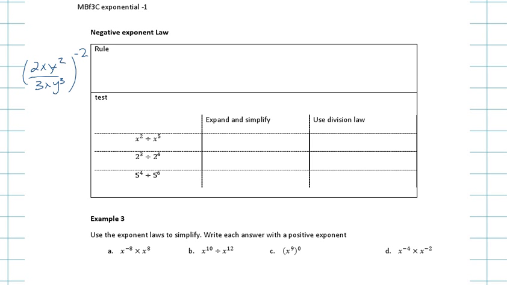Usually we want to make sure that our answer at the end has no negative exponent. You want to simplify first. If your answer has a negative, then flip. We're going to do some examples. So apply this law last.